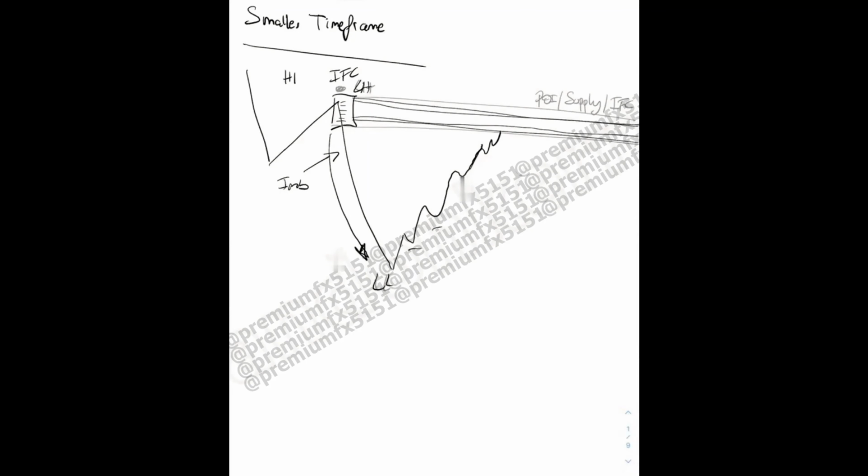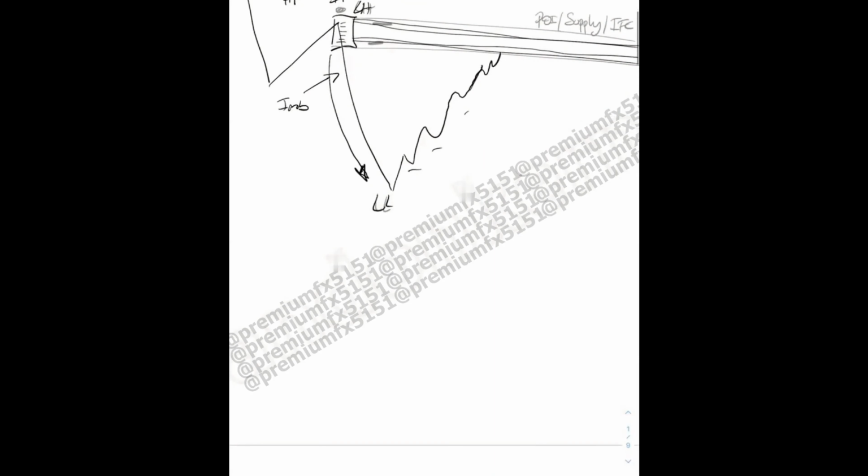Do we put a limit here? Do we put a limit here? Or we just let price come in and see what reaction it gives us on the M1 time frame. There are 4 things we're going to look for when the market enters this point of interest, supply zone or IFC candle.